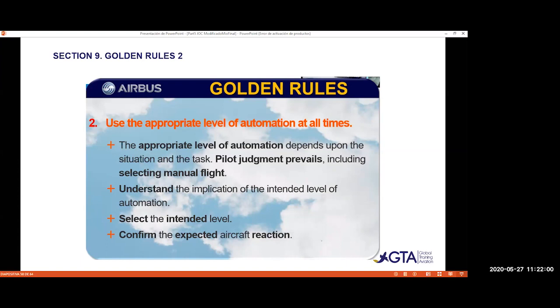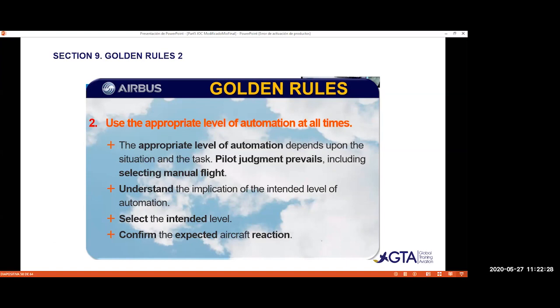We are going to give one example, this time with automation. Imagine that you are coming back home on a long night flight. You are going to land at your destination airport early in the morning, with the sun in front of you.